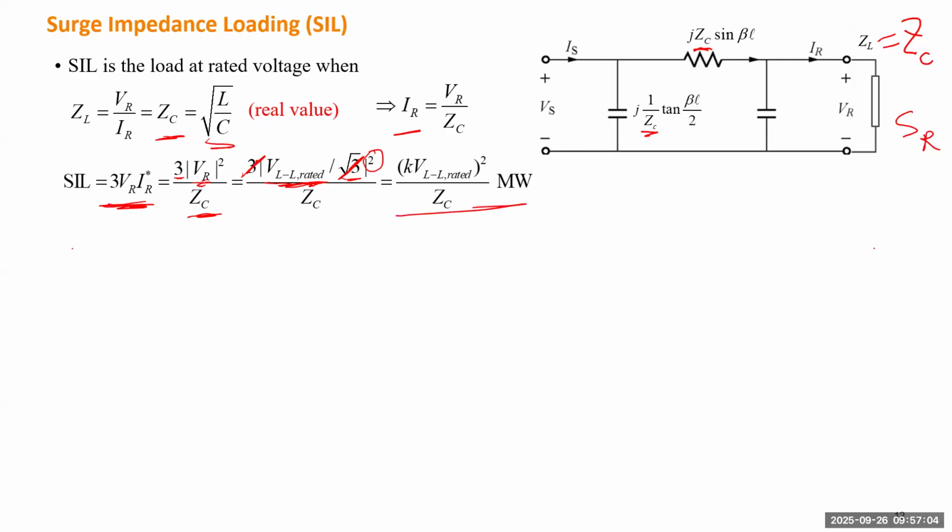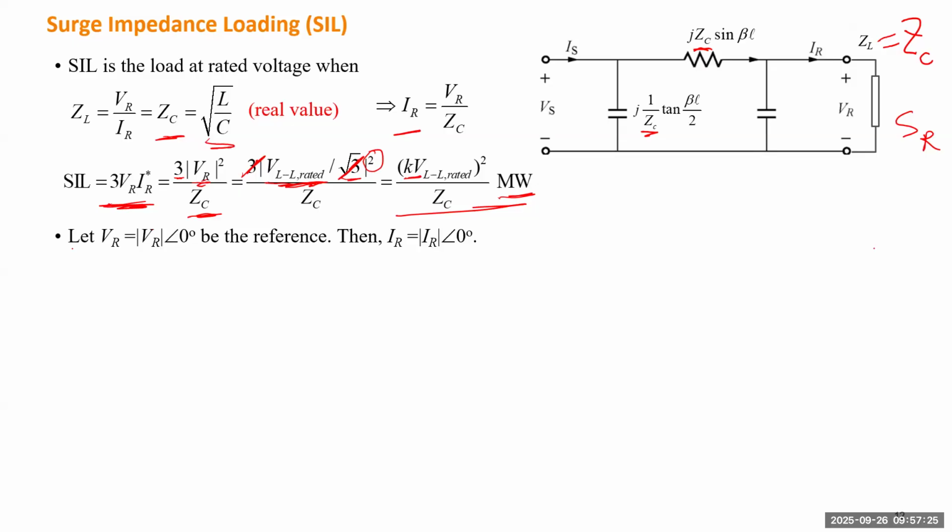So finally, surge impedance load is defined to be the line-to-line voltage squared divided by the surge impedance, and the unit will be megawatt. For voltage, we take kilovolt as the unit.